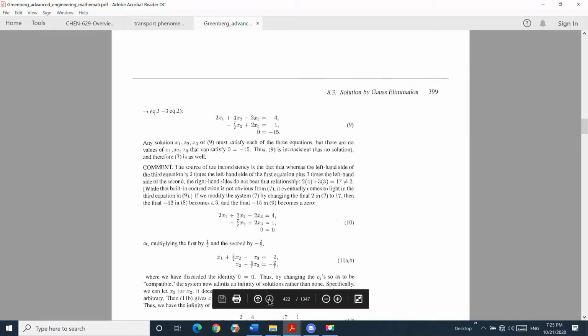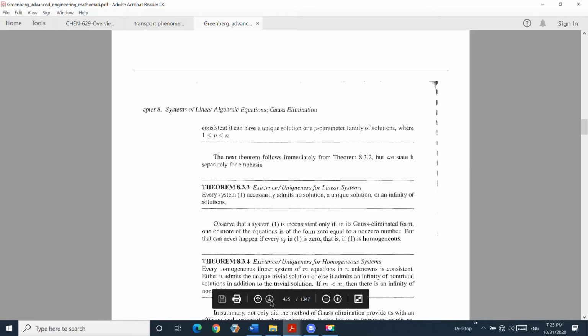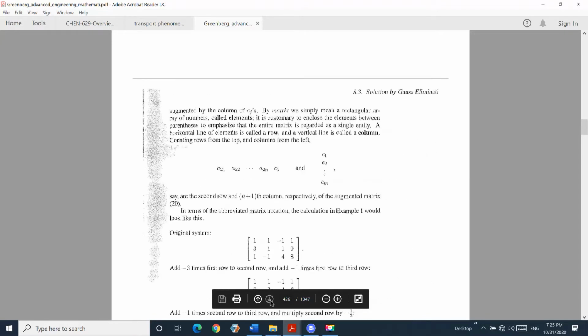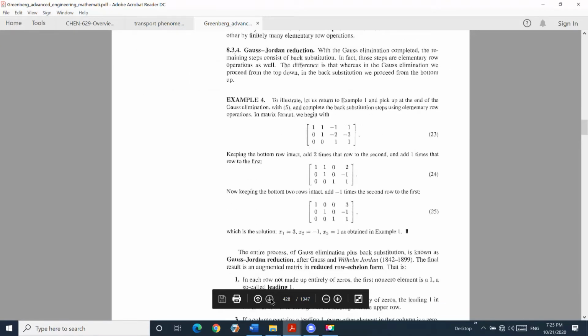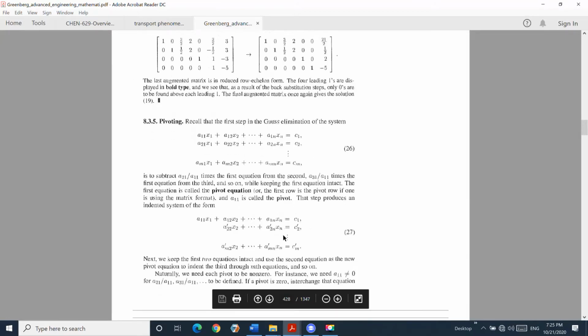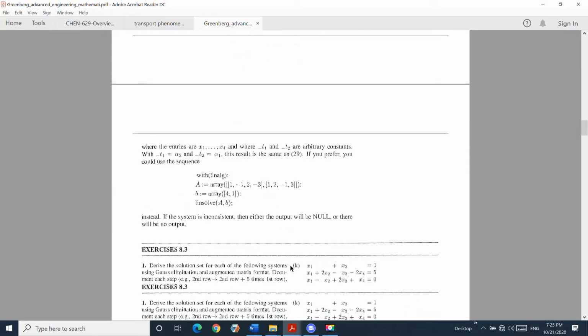You can find all these things in linear algebra books and courses: Gauss elimination steps and concepts, definitions of the concepts, and another topic, Gauss-Jordan reduction, pivoting, and so on.